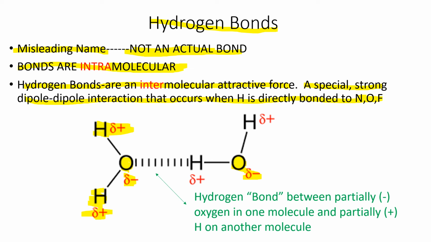That means the oxygen will have that partial negative charge, that delta minus. The hydrogens, less electronegative, will have that partial positive charge. So again, we have this setup. Oxygen is more electronegative. We're going to see our delta minus, our partial negatives on the oxygen, and then we're going to see our partial positives on the hydrogen.